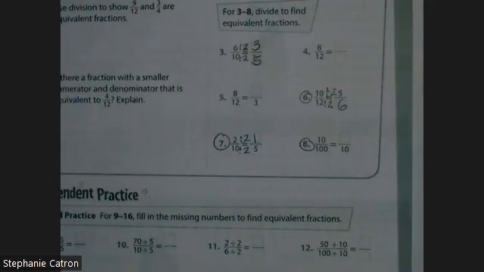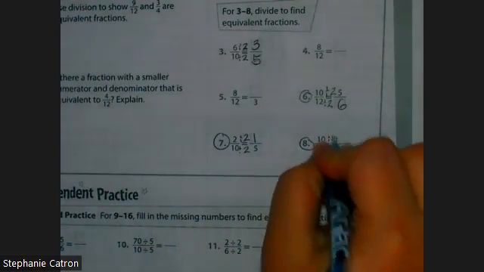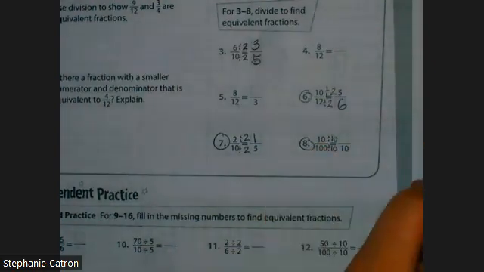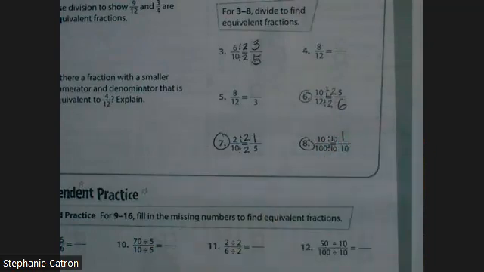How many 10s fit inside 100? You're right, it's 10. So as above, so below. What happens to one, the other must show. So 10 divided by 10 is 1.